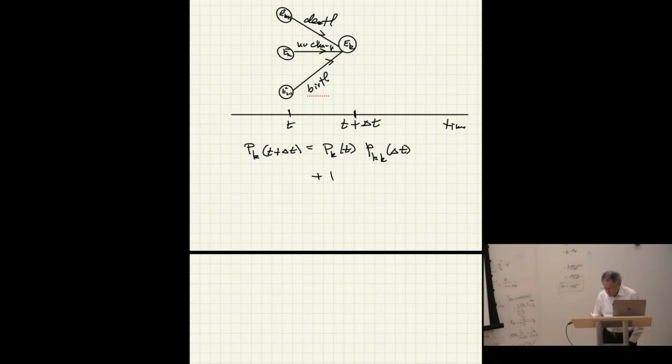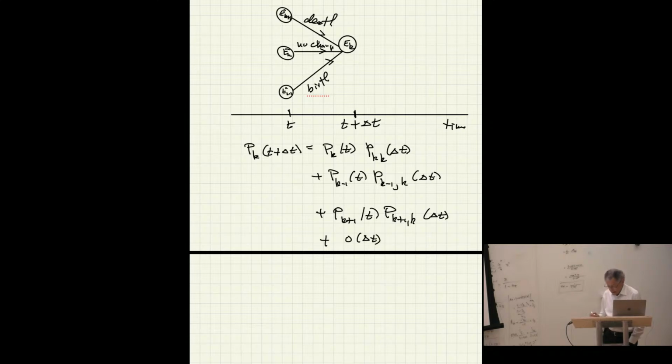Or I was in state K minus 1, and I went from K minus 1 to K in delta t. Or I was at K plus 1 at time t, and I went from K plus 1 to K in delta t, plus little o of delta t.